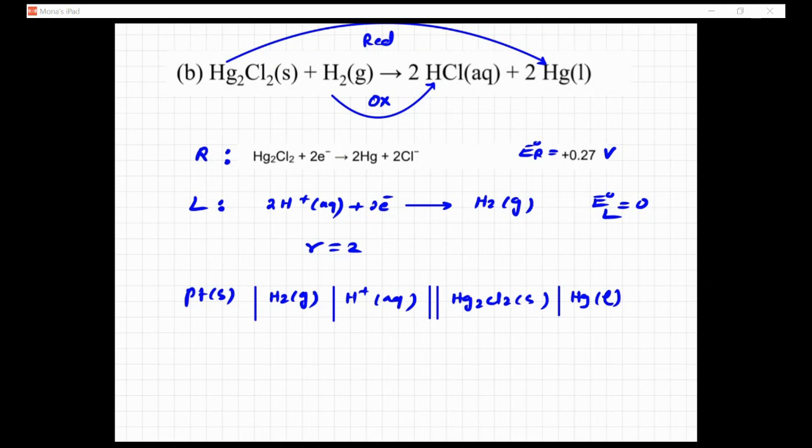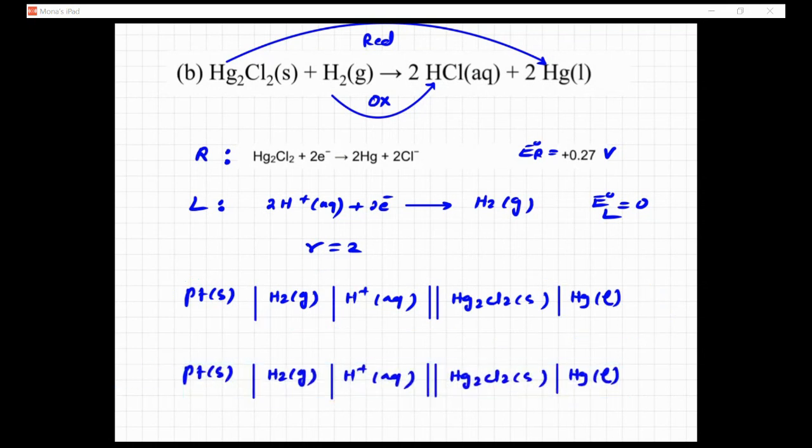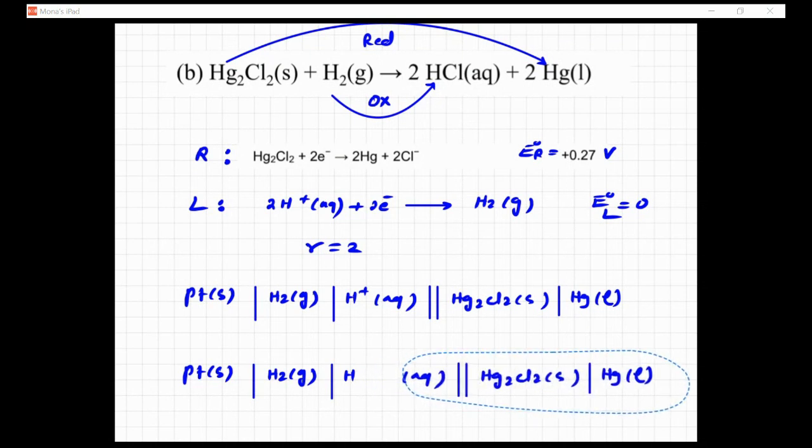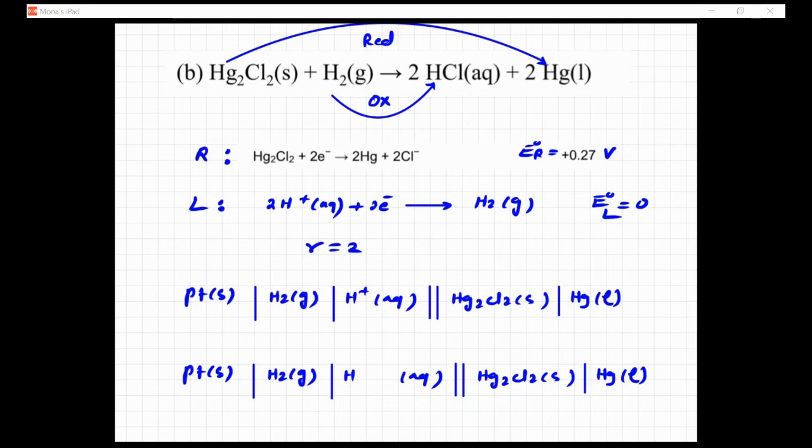Or we can represent the electrode the same here: instead of having H plus, I can have HCl, because this H plus comes from the HCl, right?